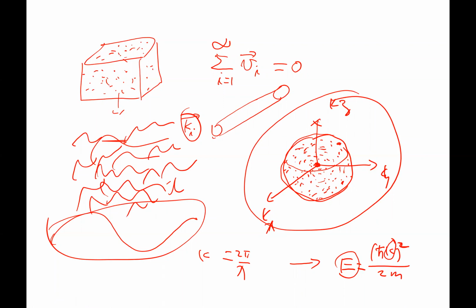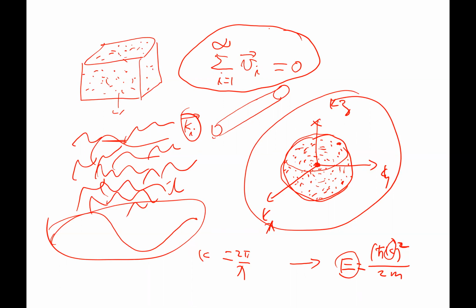Why? Because if you want to calculate the current conduction in real space, you need to count the contribution from every electron. But you have a huge number of electrons, so that's very inconvenient. In reciprocal space, we don't need to count the contribution from all the electrons.